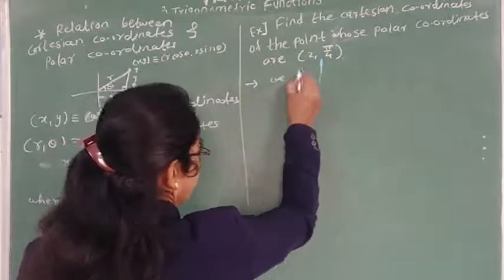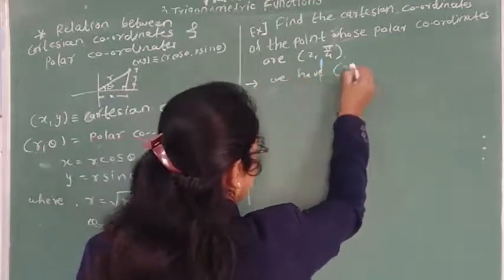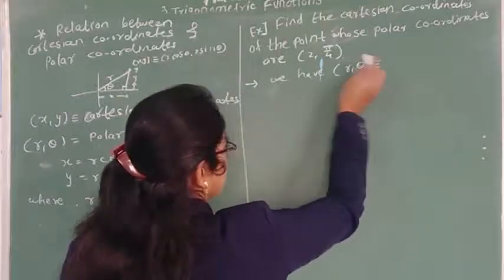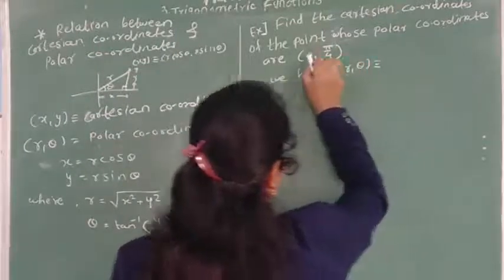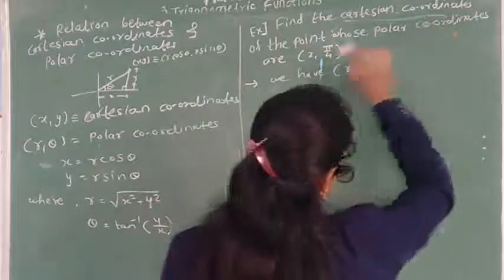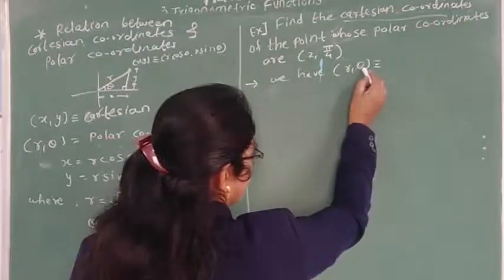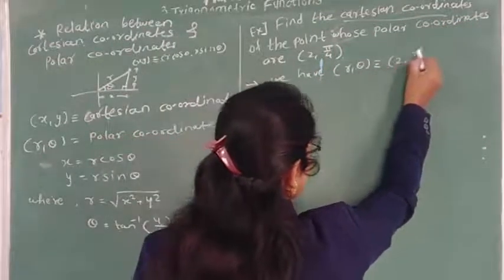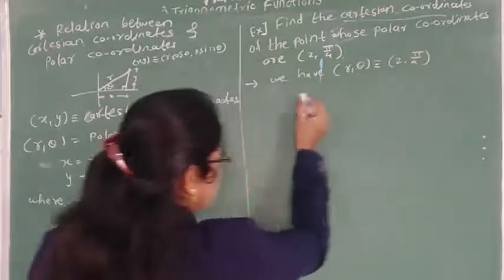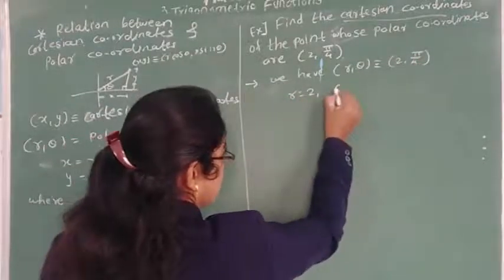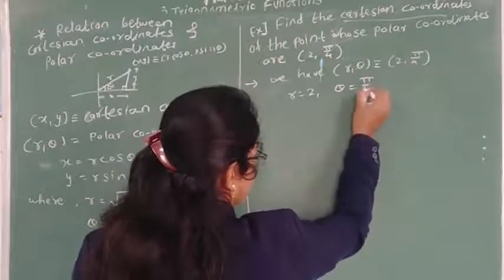We have been given polar coordinates and we have to find Cartesian coordinates. So r, theta is equal to 2 and pi by 4. So r is equal to 2 and theta is equal to pi by 4.